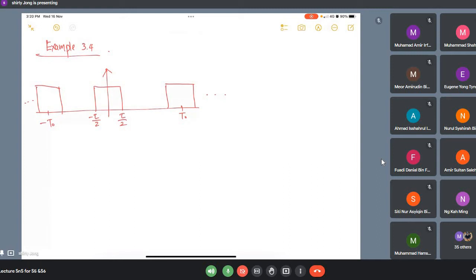So first of all, you need to know what is the Xn for the exponential Fourier series. So this is the formula.